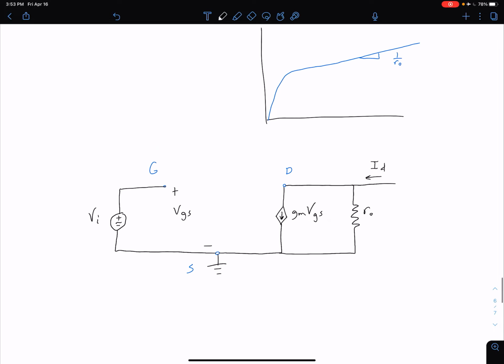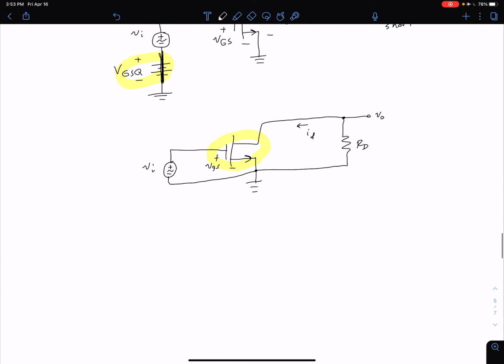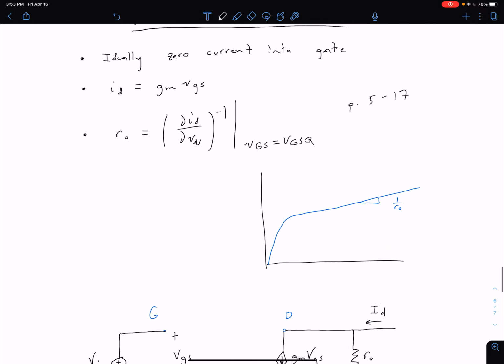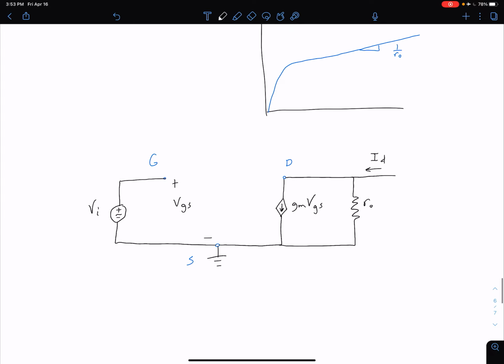And then at our drain, we also have that resistor RD, which is connected between our drain and source over here. And our V out is defined at our drain. So I can just add our resistor RD, and then our output V out is going to be defined right here.